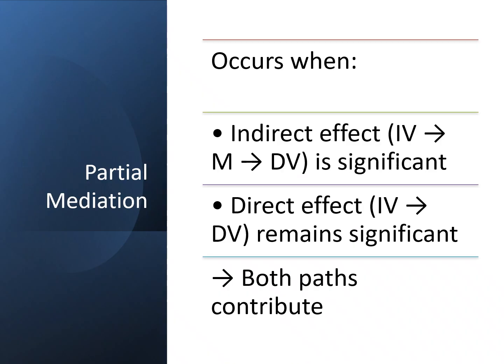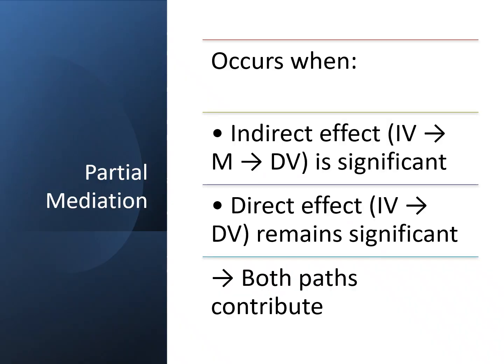So if we use it, indirect effect here means specific indirect effect in SmartPLS 4, IV through M, or mediator, going to DV, right? When it is significant, and direct effect IV and DV remains significant, I mean when both effects are significant.